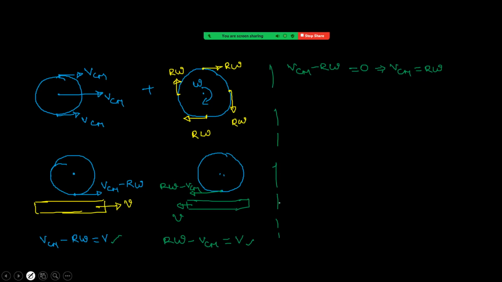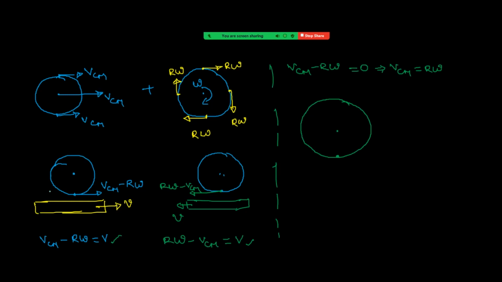Okay. But remember, in this case, even though the velocity of the contact point is 0, the acceleration of the contact point is not 0. Let us now focus very carefully. So now we are focusing on the acceleration of the contact point.